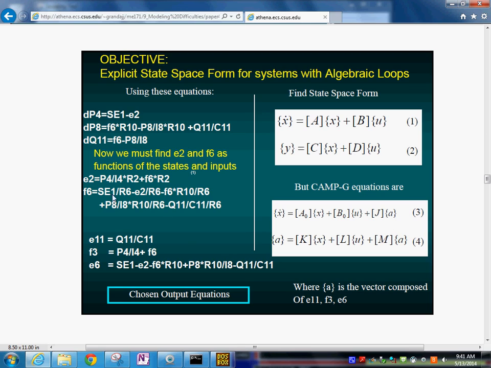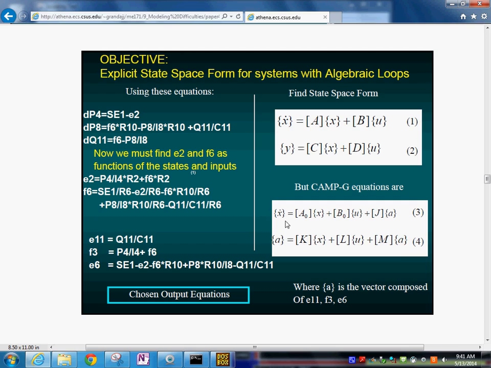This vector would be the vector of these auxiliary variables. So a is a vector that is also in terms of the states and the inputs, and of course in terms also of the a variables. So you could see that equation number 4 shows you the problem. This is not explicit form. See, it has the vector a here, and it has the vector a over here.